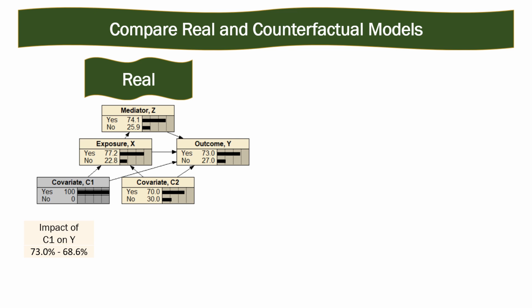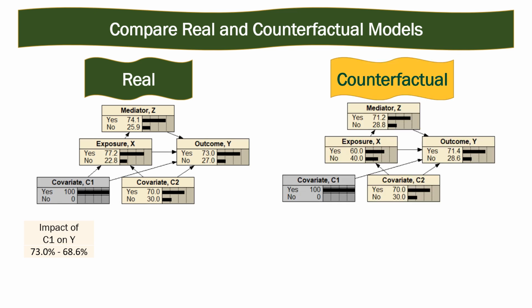We can now compare this to the counterfactual changes. In the counterfactual model, we start with the same model, but now the link from C1 to X does not exist. Notice that now the outcome of Y is predicted to be 71% when C1 is present.